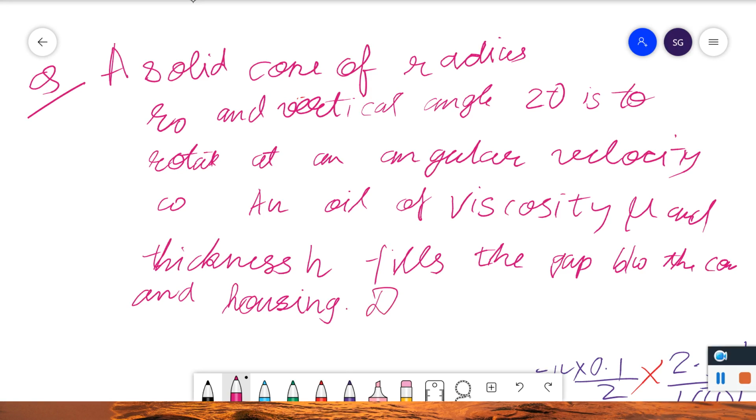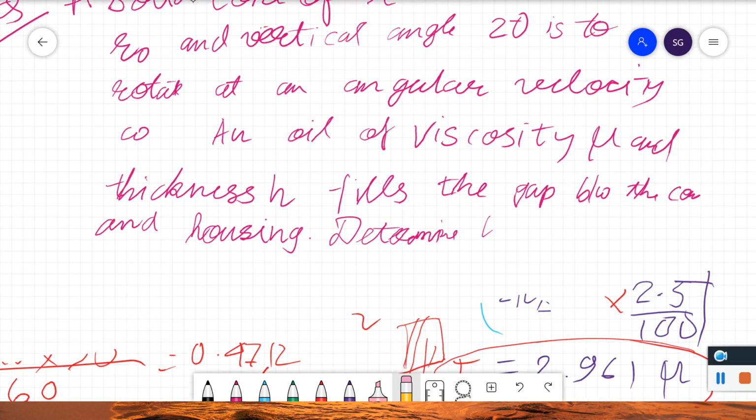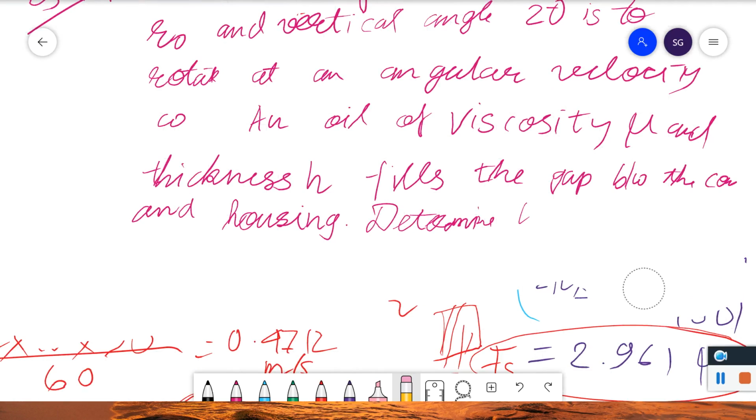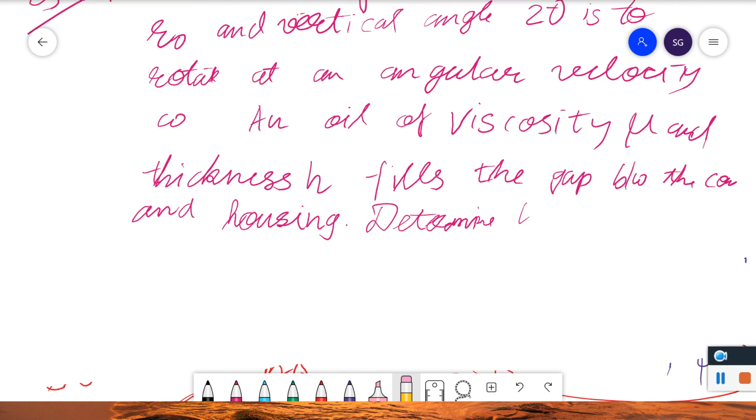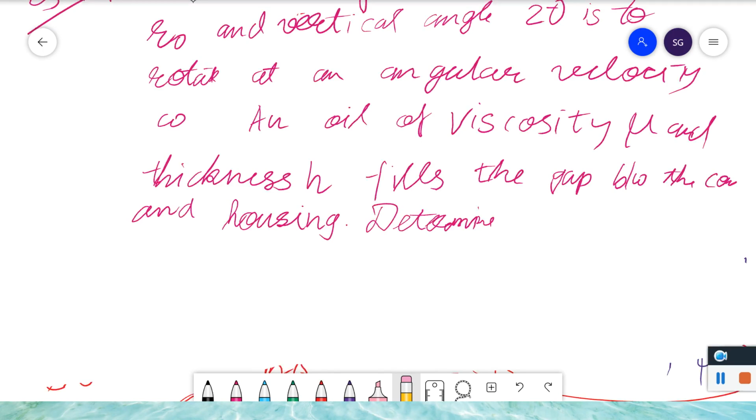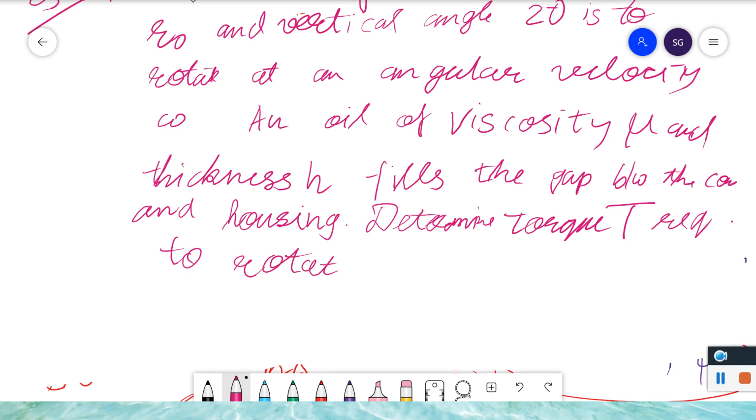Determine torque T required to rotate the cone as shown in figure. Okay, this is the question.